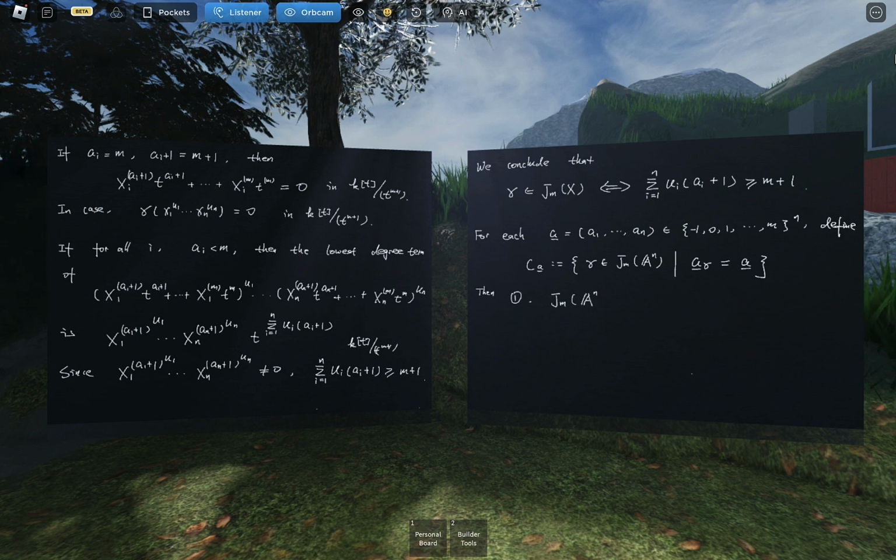First, the m-jets over the affine space is a union of all these C_A. This just follows from the definition. Second, we notice that each of these C_A is the vanishing set of the following ideal.